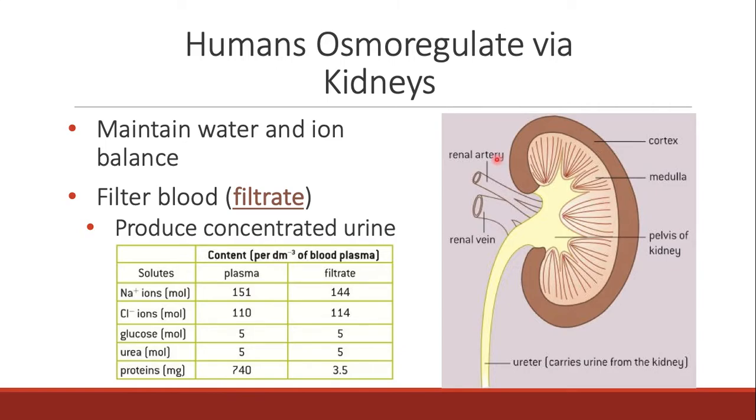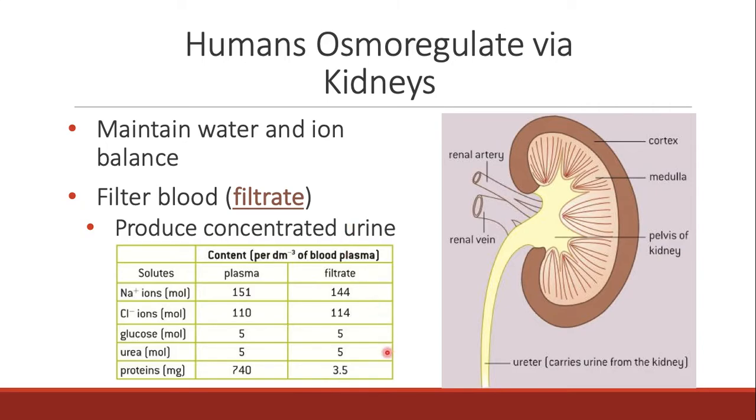And then we see protein, 740 protein milligrams come in through the renal artery, but only 3.5 of them end up in the filtrate. So 736.5 end up going back out through the renal vein.